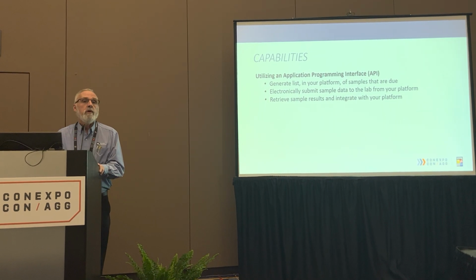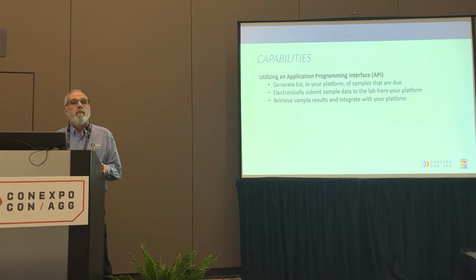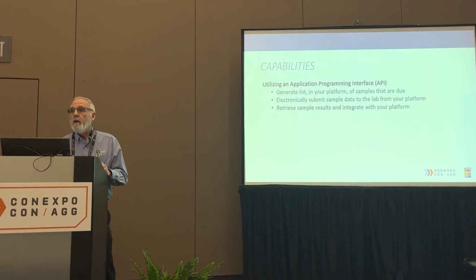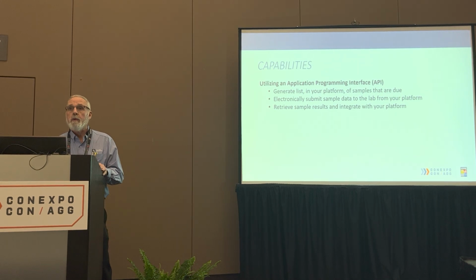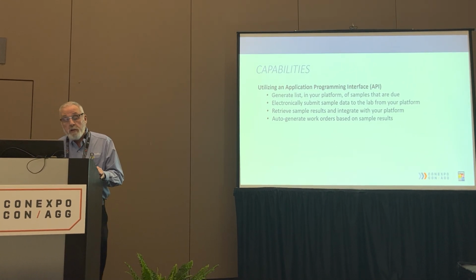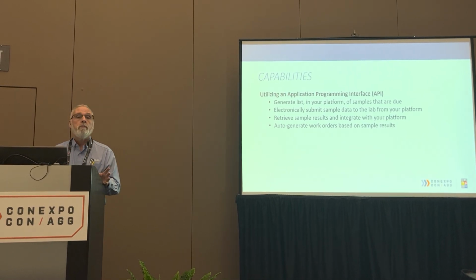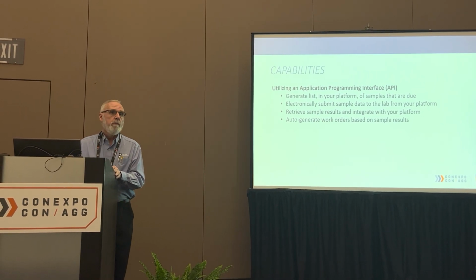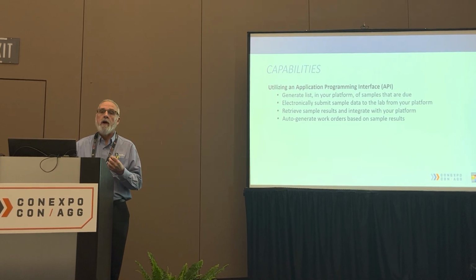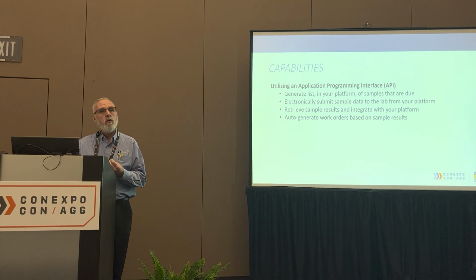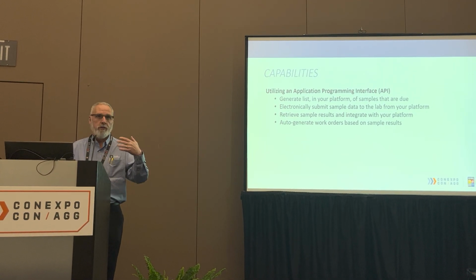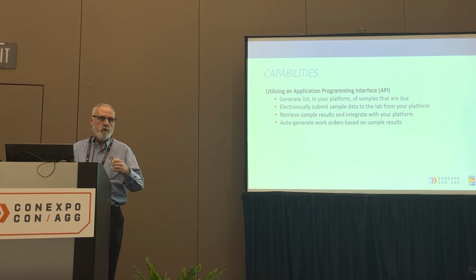You can retrieve the sample results in a bulk download from the API and integrate it directly into your maintenance management platform. I mentioned the auto-generate work orders based on the sample reports, and this can be done in a host of ways. We have some customers that say, all right, I want to auto-generate work orders based on the severity of the report. If it's a severity 3 or 4 report, auto-generate a work order.